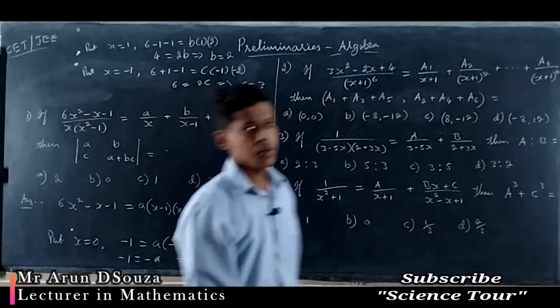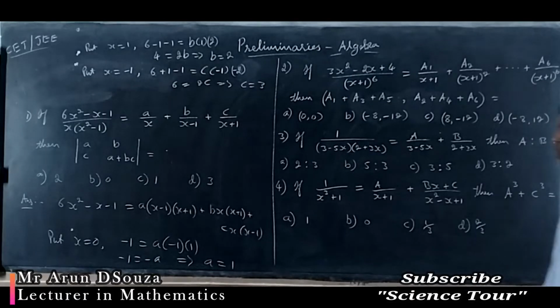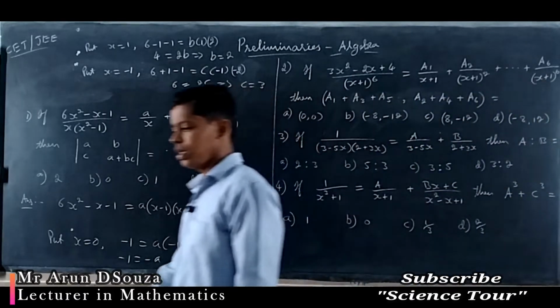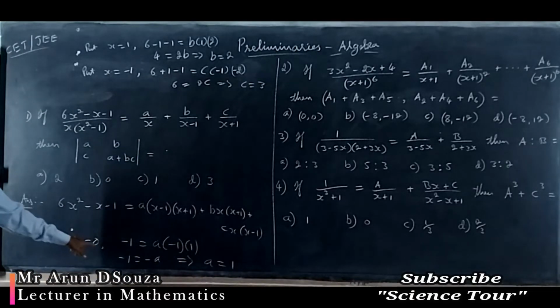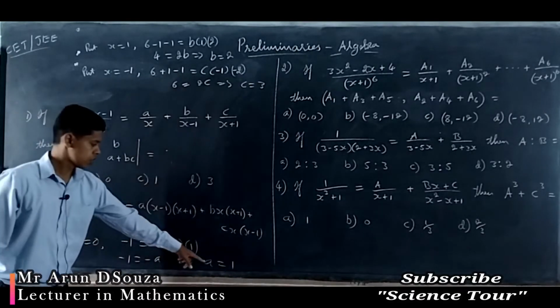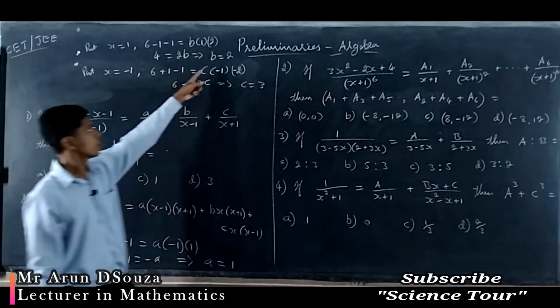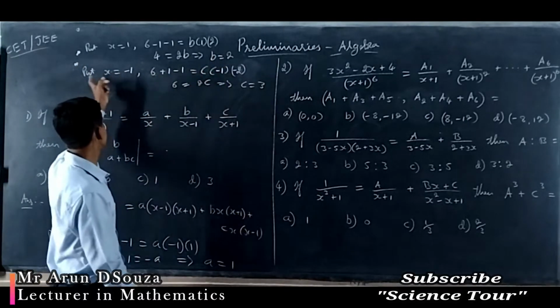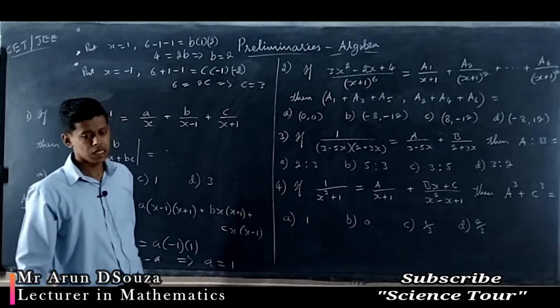Well, now that we have got the values of a, b and c. First we had substituted x is equal to 0, and we got the value of a is equal to 1, then put x is equal to 1, we got the value of b, that is 2, and if you put x is equal to minus 1, we got c is equal to 3.